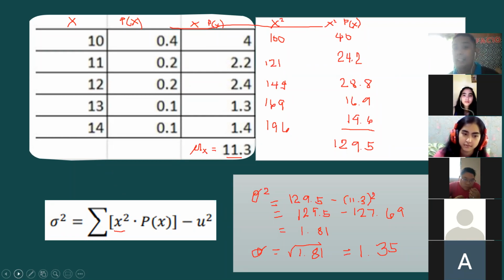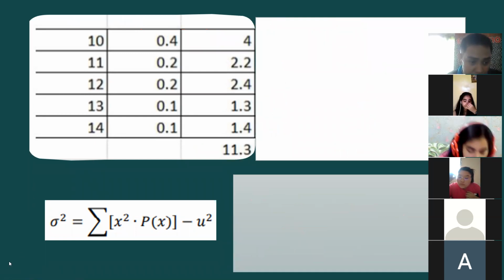Ang ginawa lang natin, in-square, ginawa lang natin yung process ng isa, then find the total, then nag-minus, then tapos na. Okay po? So, let's try again. Any questions so far? May question ba? Okay, clear all drawings. Let's continue.